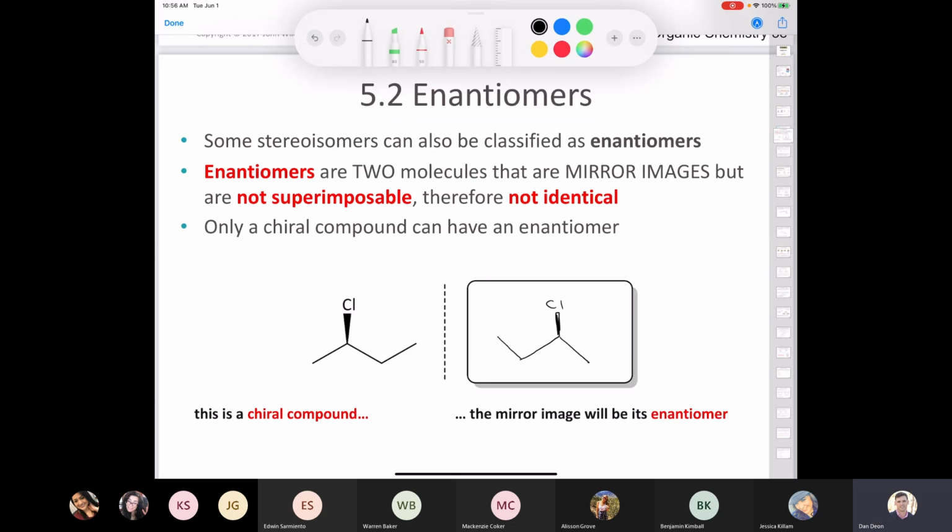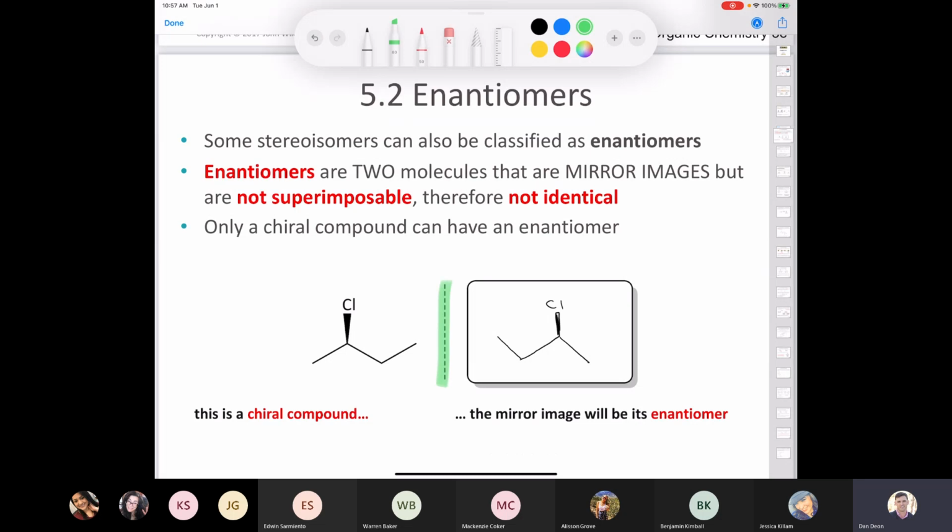But if you want to draw an enantiomer of a compound that has many stereocenters, trying to draw the reverse of it like this can get pretty annoying. I was going to say daunting, but I'd say even more annoying than anything. So let me tell you, there is a much faster way of drawing an enantiomer.